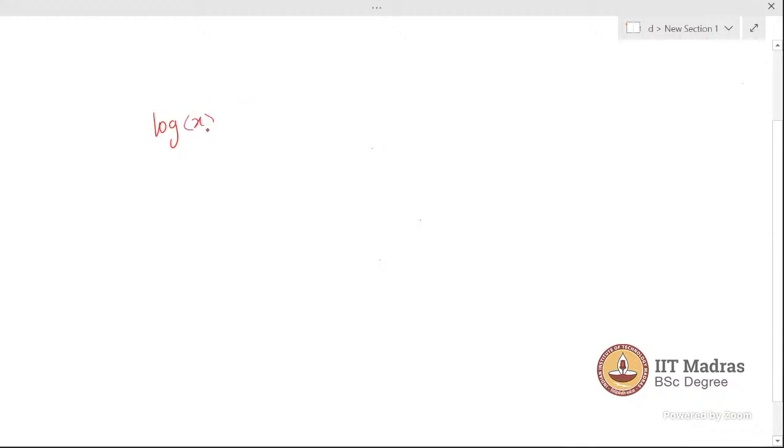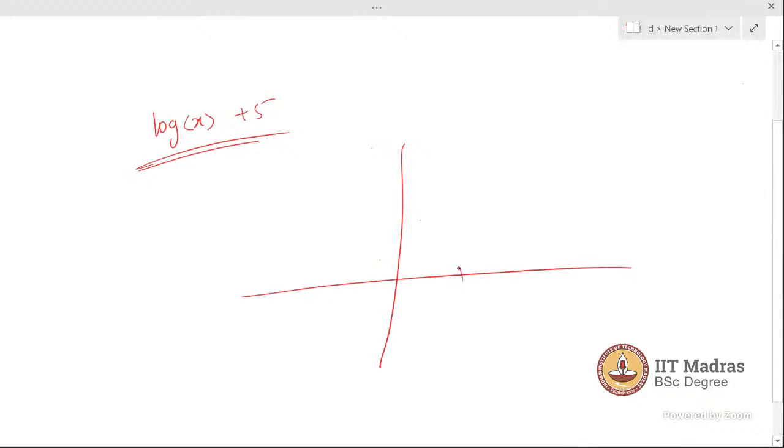I mean, just log x plus 5. Could somebody tell me? It will be shifted by 5 upward. So when x is 1, you will have this as 5, right? So it is happening something like this.